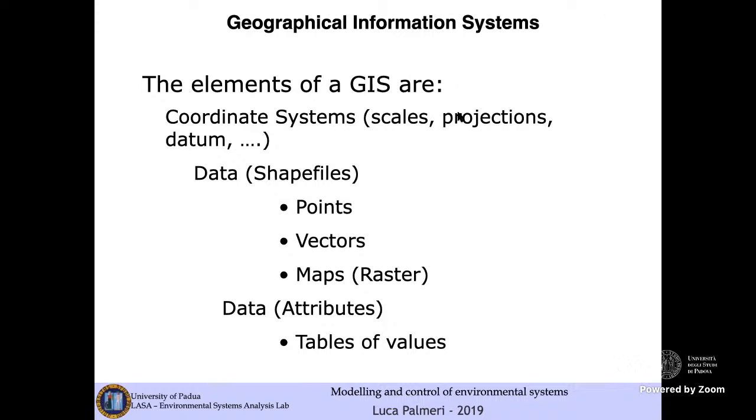Once you have assembled your description into geometrical objects, points, vectors, and raster maps, to each of these objects in the shapefile you may attribute data. Data figure in the form of attributes that are in general tables of values that characterize each of the objects in the shapefiles.